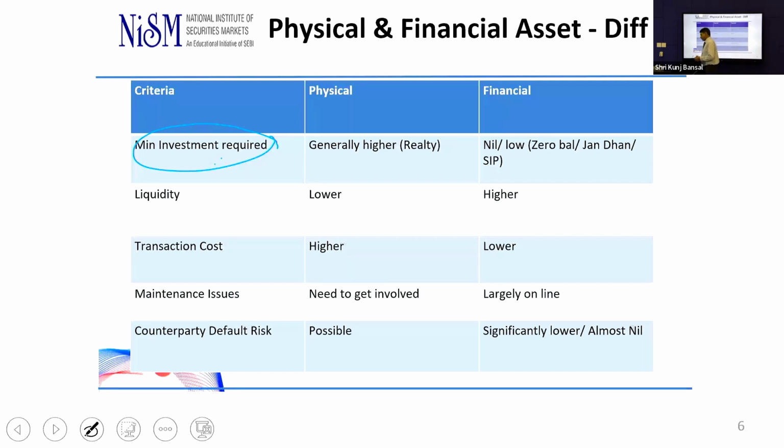Yeah, 500 rupees. And for mutual fund, you need only 100 rupees. So that's the biggest advantage of financial assets, that even a person earning as low as 10,000 rupees a month, by salary or business, can think of investing in financial assets, whereas he can't think of investing in physical assets, which are gold and property.